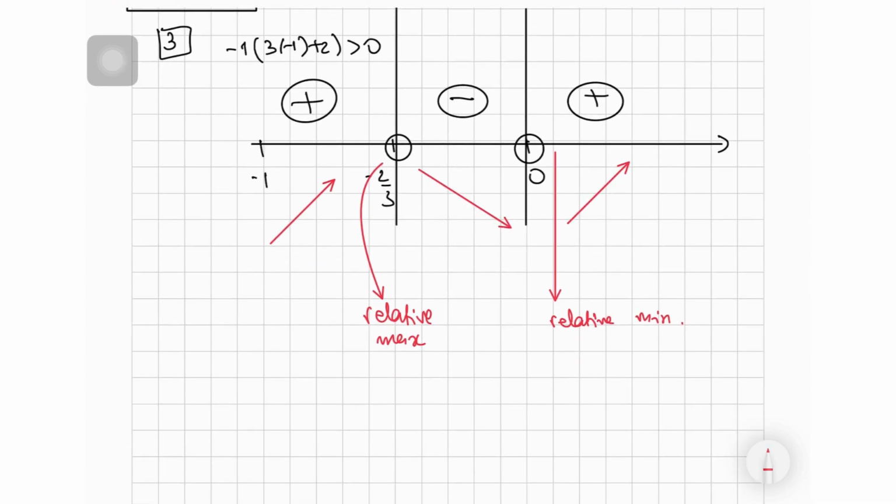So we can also say from negative infinity to negative 2 over 3, f is increasing.